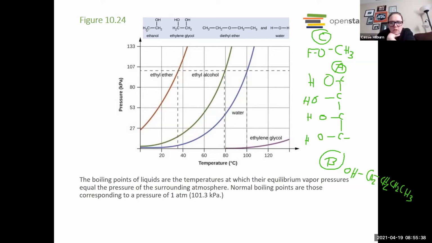Would that be C, because it has the lowest? It would be pretty tight between B and C, right? But C would, because B has those hydrogen bonds, which would be a little bit stronger than the dipole of the OCH3.